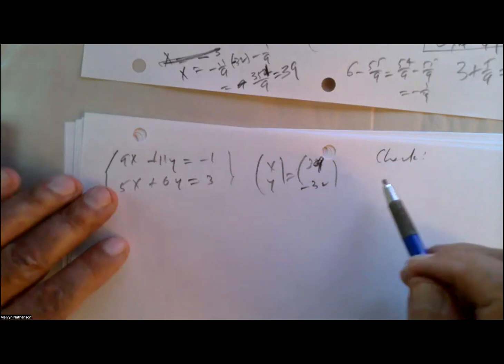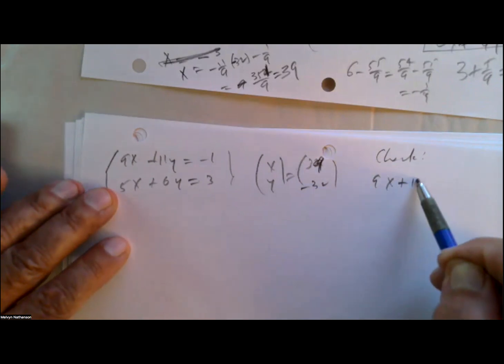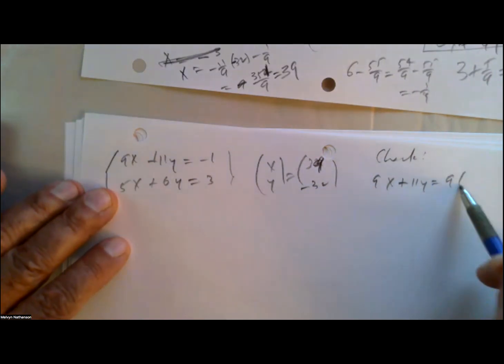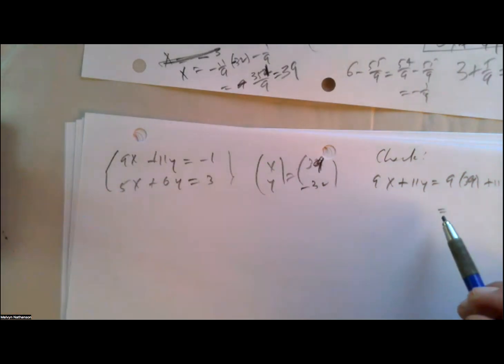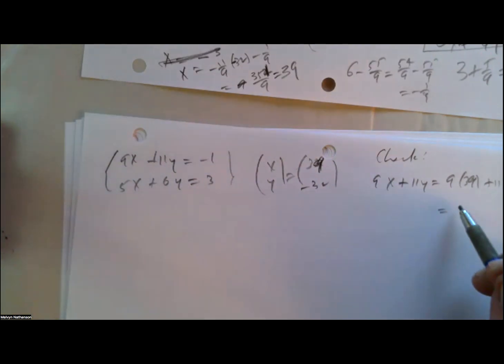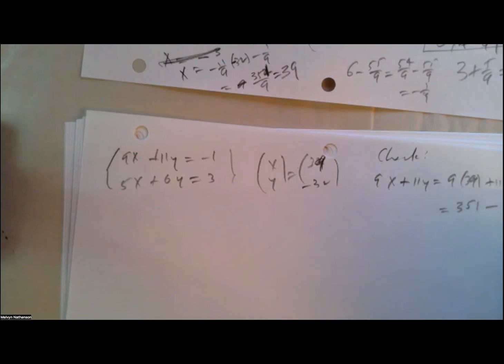So let me check. 9x plus 11y is 9 times 39 plus 11 times minus 32. 9 times 39 is 351. And 11 times 32 is 352, and the difference is -1. So that checks.